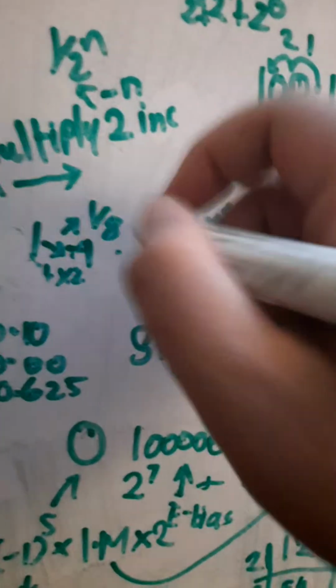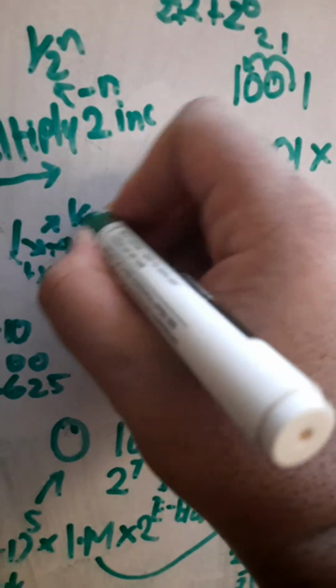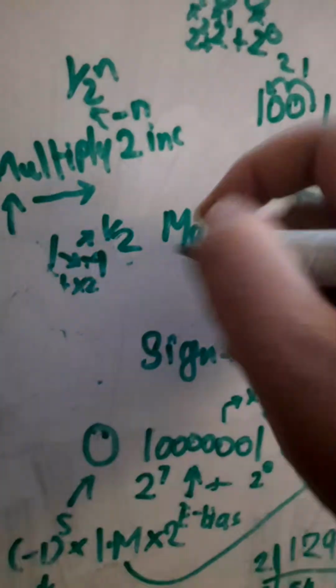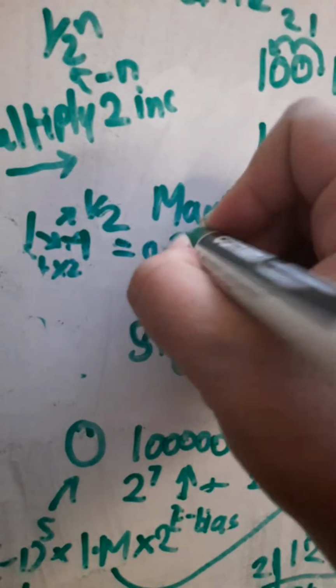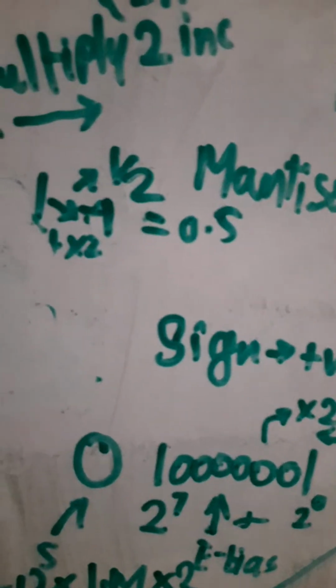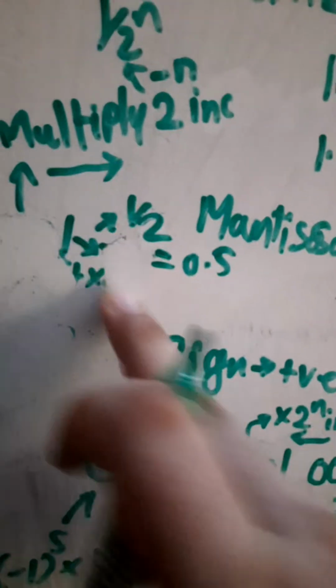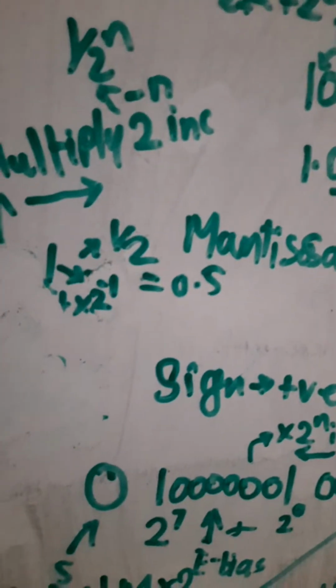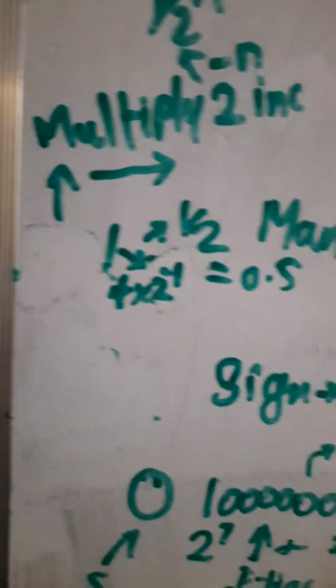So this is 1 by 2, which is actually 0.5. By the way, this is plus, so you don't misunderstand it. So this 1 is after the decimal point.